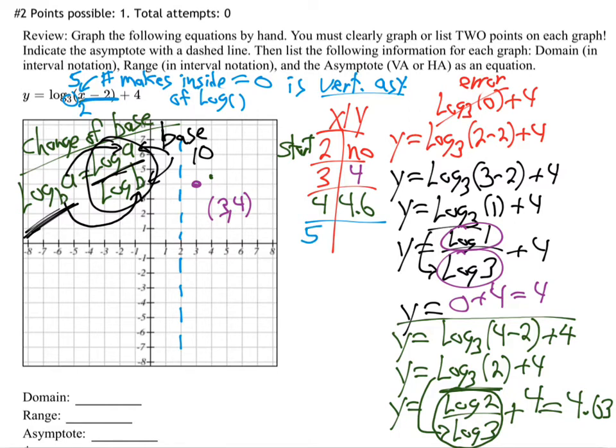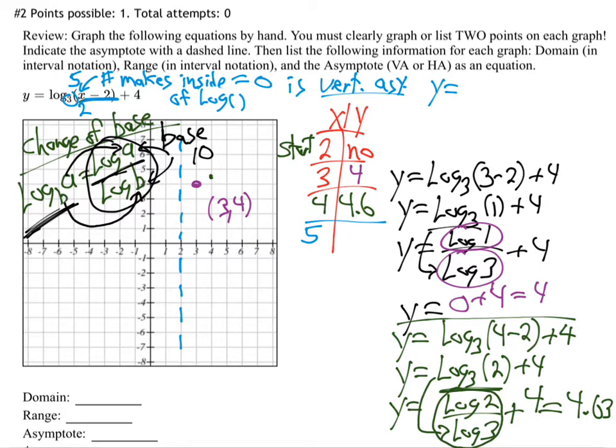Let me come over here. I'll do it up here. If I plug in 5, I'm going to get y equals log base 3 of 5 minus 2 plus 4, which is log base 3 of 3 plus 4.